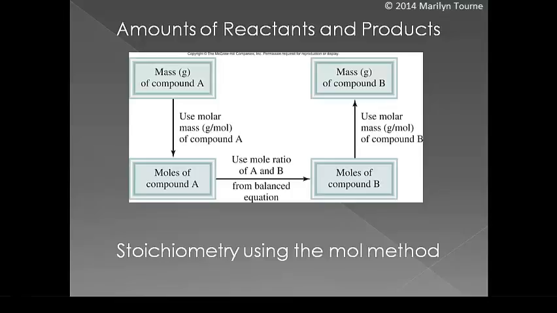Okay, if they don't give you the moles to begin with, you would convert everybody into moles. We know how to do that using the molar mass. From the moles of A, you would go to moles of B, whatever other compound that they want. And then you would go from the moles of B and find whatever unit they're looking for.